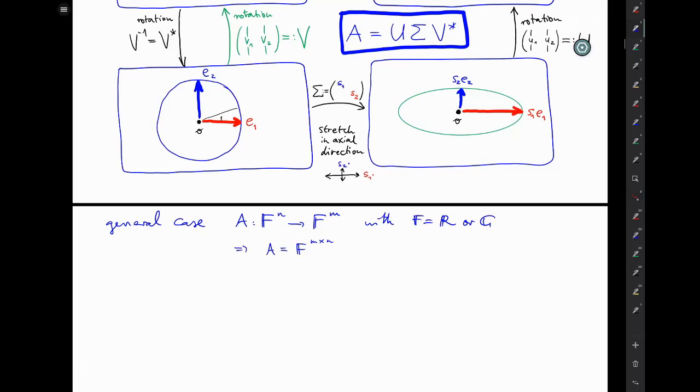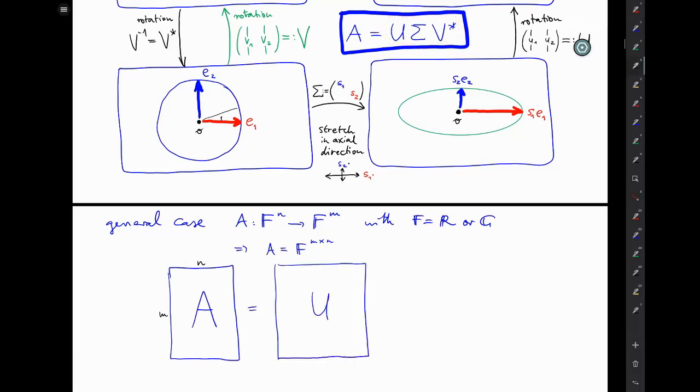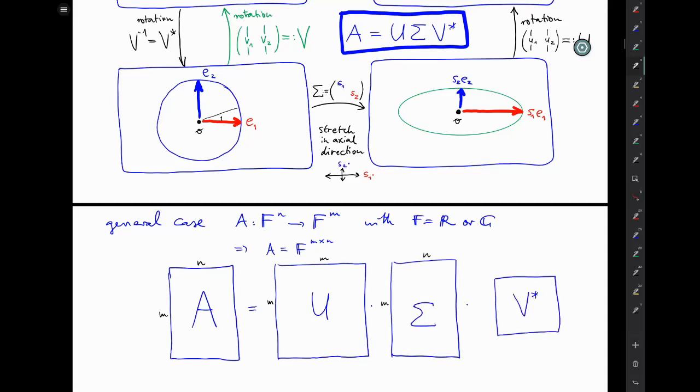Now A is in general a rectangular matrix, but one can still split it into a product U, sigma and V star, where U is square and as high as A, sigma is rectangular and has the same shape as A, and V star is again square and as wide as A is.